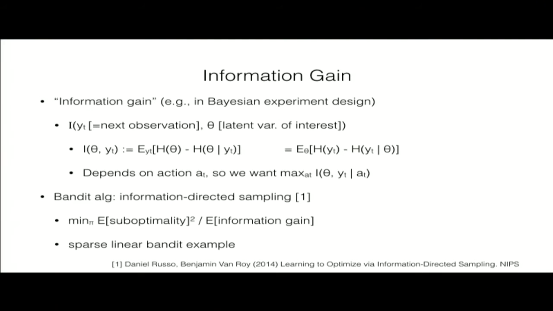What it ends up doing is constructing this ratio. It turns out that the right thing to do is to look at the expectation of the suboptimality squared, where suboptimality means how suboptimal, according to your mean rewards of all the actions, your current probability distribution over actions is. So you minimize the expectation of suboptimality squared over the expectation of information gain.